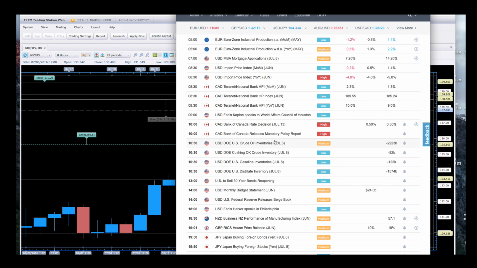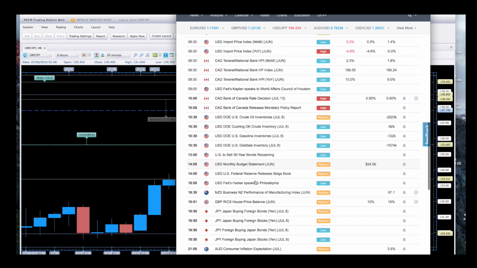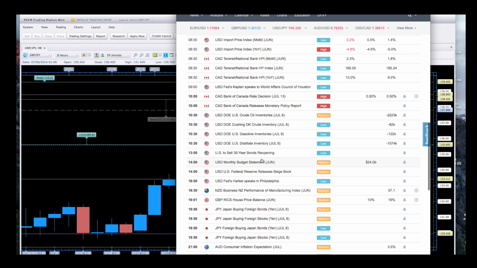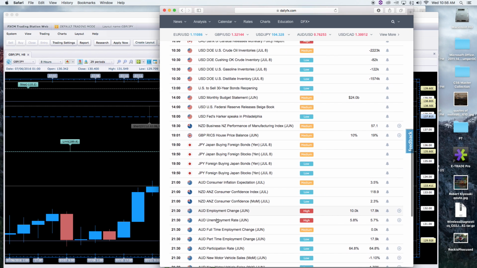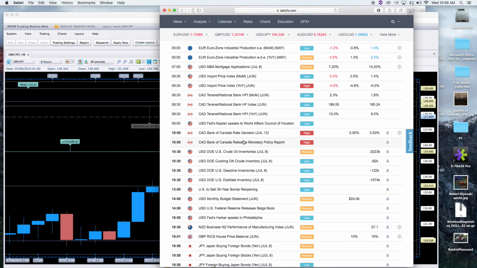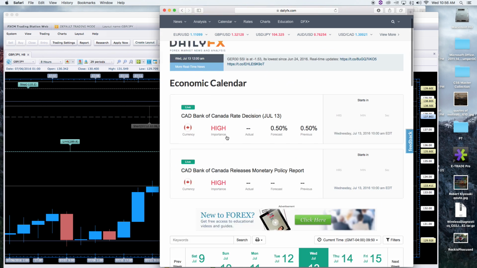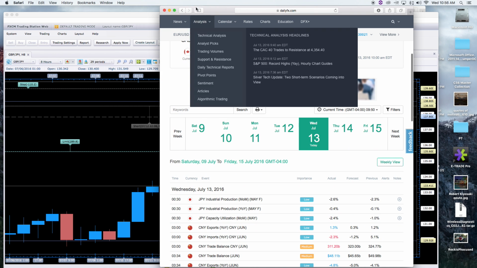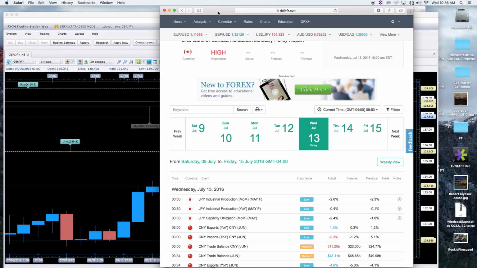You know, rate decisions, gross domestic product. You want to be paying attention to these high importance employment changes, unemployment rates, obviously rate decisions. So always be aware of news that's coming out. Another thing, currency correlations.